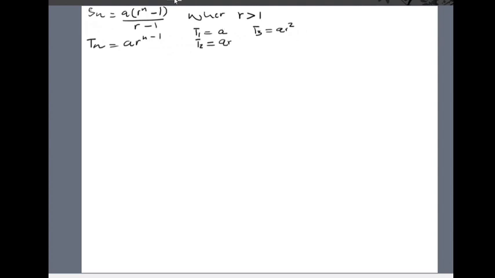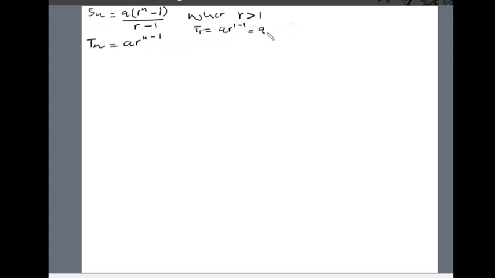Let's take it step by step. For term 1, we substitute 1 in the general term formula Tn. So T1 will be ar to the power 0, because it's the first term.